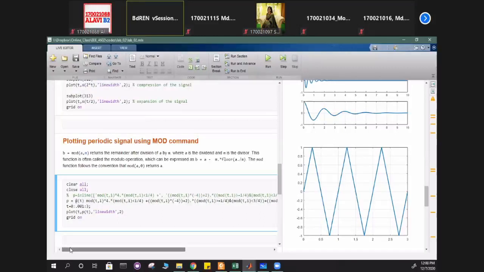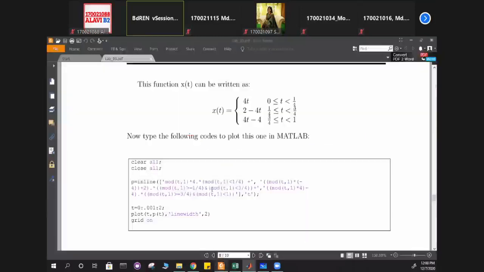So at a time, only one condition will be satisfied. From 0 to 0.25, only that one will be satisfied, and after that, from 0.25 to 0.75, those will be satisfied. Very easy thing. So basically, the others will be 0 and one will have the value, and that will be either of these.